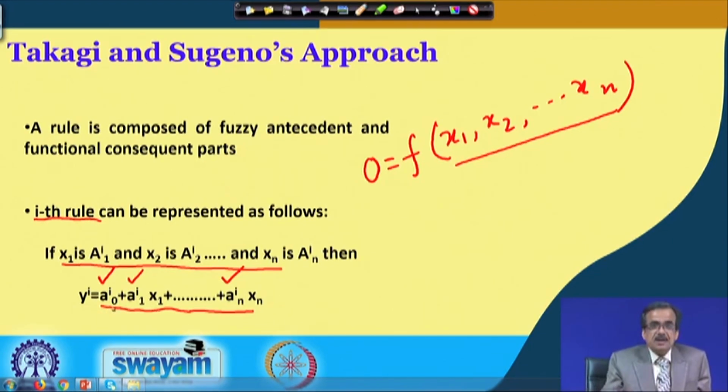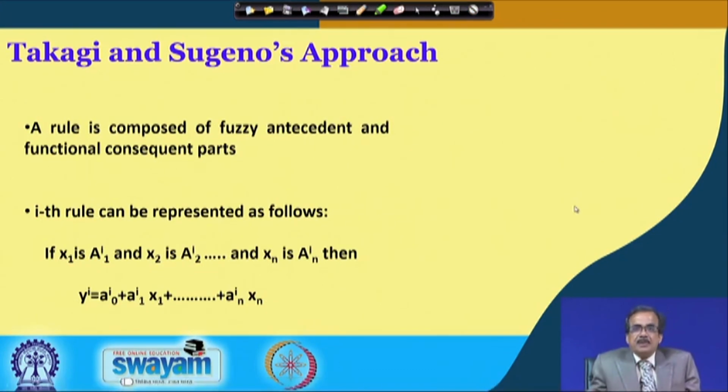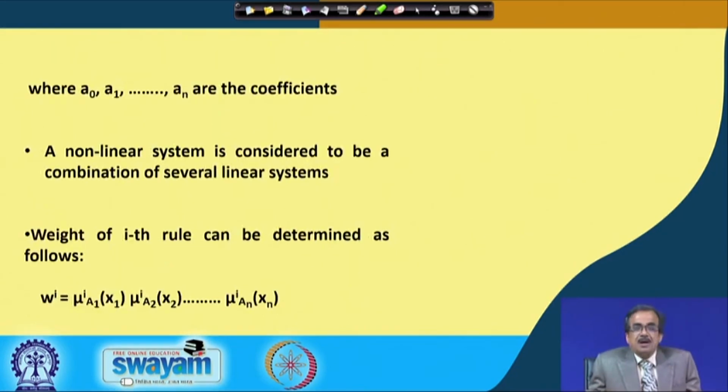You can see this output as a linear function of the input parameters, and that is why this approach can be termed as nonlinear. For a nonlinear system, we try to approximate by a number of linear systems. So this is nothing but the nonlinear system's representation as a combination of several linear systems.